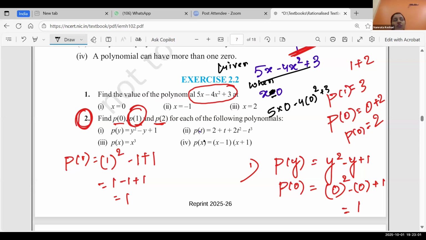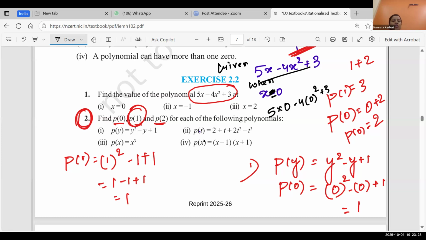Whenever the name of the polynomial is not given, you are not supposed to name it. Just take it as it is, the way we did the first exercise, where we were not thinking about giving a name. Similarly, when the name is not given, whether polynomial p or q or r, we will just take the expression as it is, 5x minus 4x square plus 3, and when x equals 0, we put x as 0.